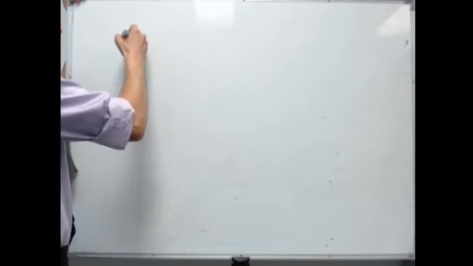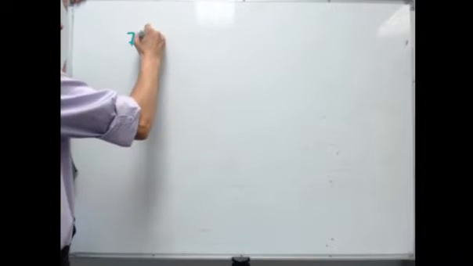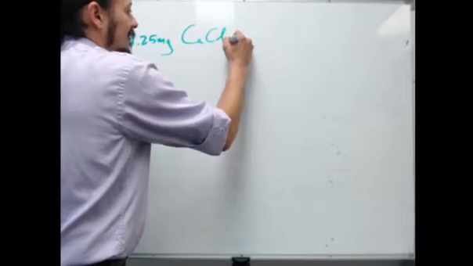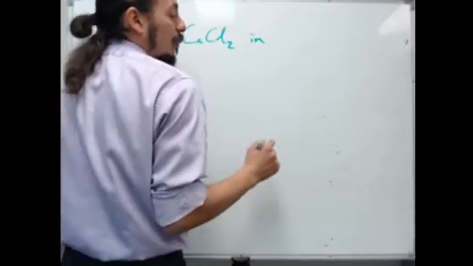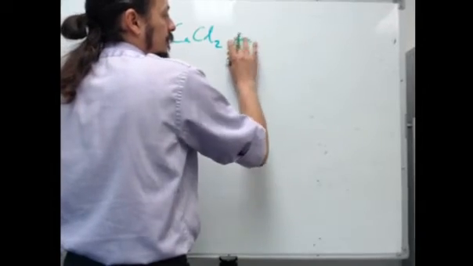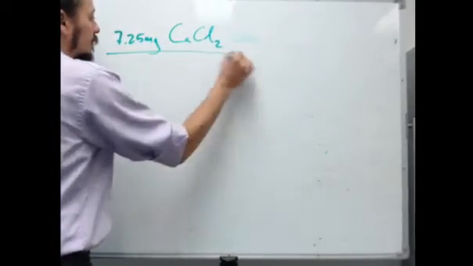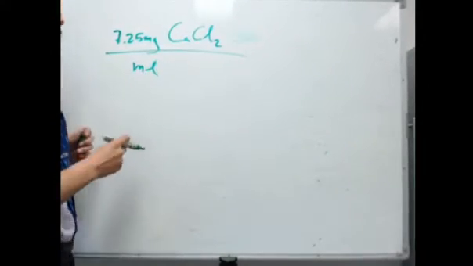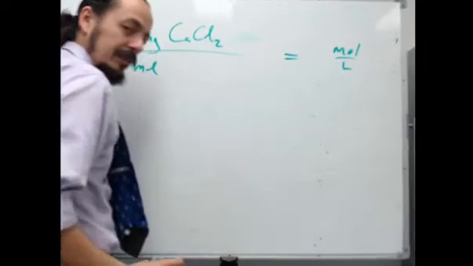So, we've got how much? 7.25 milligrams of calcium chloride per milliliter of solution. And we want to do some operation that gets us to moles per liter. Because moles per liter is concentration.